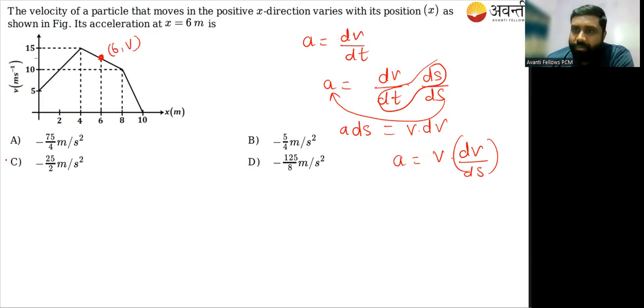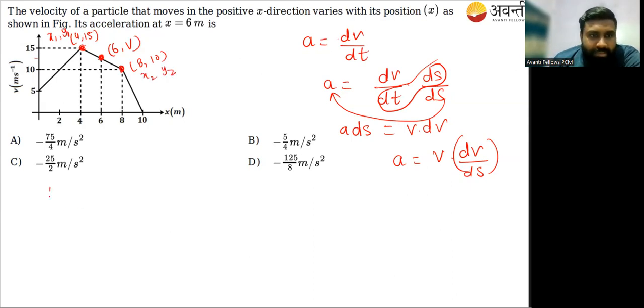Okay. Now, try to calculate the slope of this line. This coordinate will be 4 and 15. This coordinate will be 8 and 10. You can consider this 4 and 15 to be, let's say, x1, y1, and this would be x2, y2.